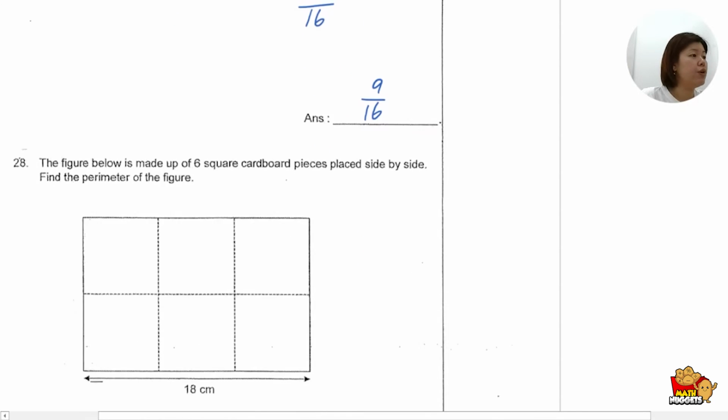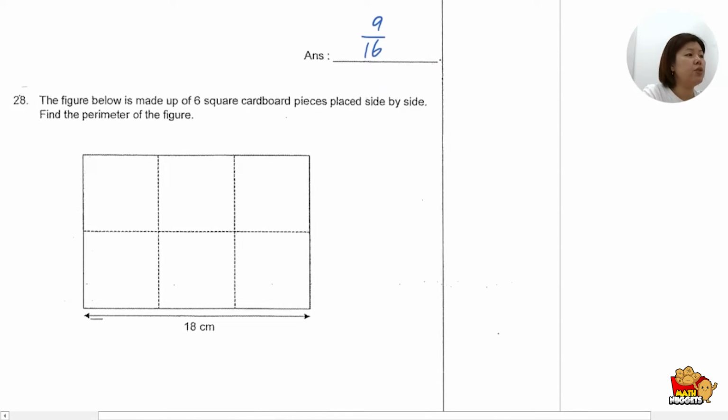So let's move on. The figure here shows 6 square pieces placed side by side. I want to find the perimeter. So if you can see, there are 3 squares here. The 18 is pointing to 3 lines, so we are supposed to find 1 line. So 1 line is 6. And they are squares, so all sides are equal.